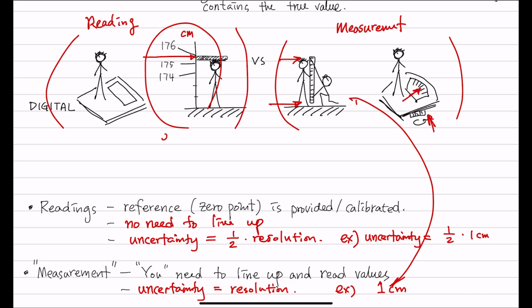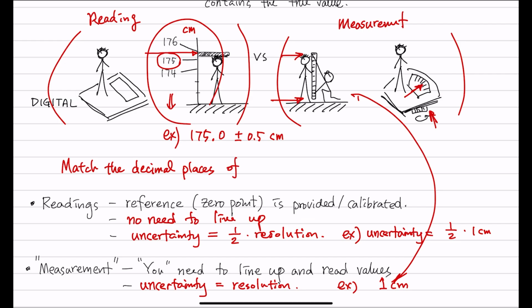So, for example, for this case, again, 175 is the reading we got, 0.0 plus and minus 0.5 centimeter. And the important thing is you need to match the decimal places of the measurement to the uncertainty.